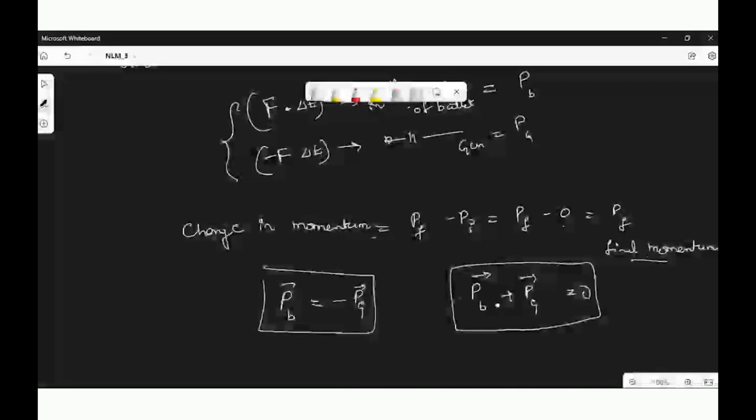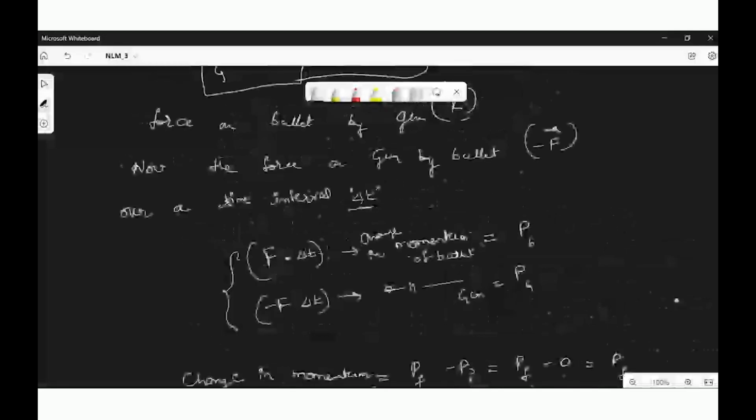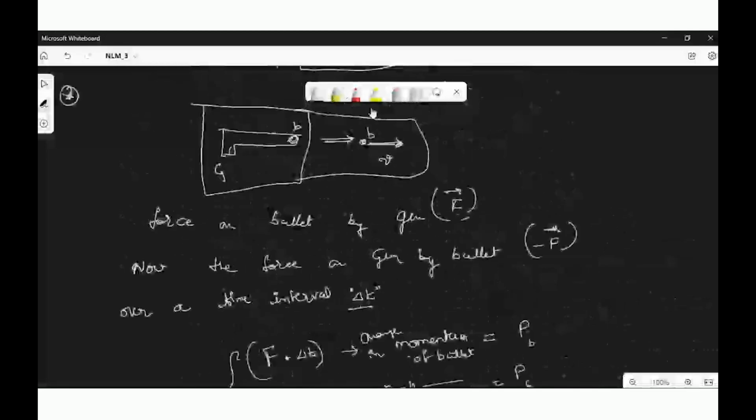And how much was initial momentum? That was also 0. Whatever the total momentum was, the final momentum is also the same, 0. It doesn't mean that the bullet is not moving. The total final momentum of the system is 0, which means if the bullet fires in this way, your gun will recoil in the opposite direction.